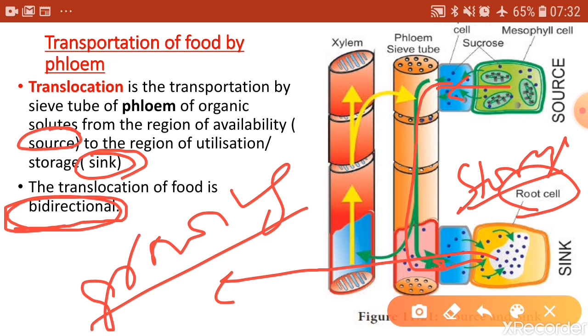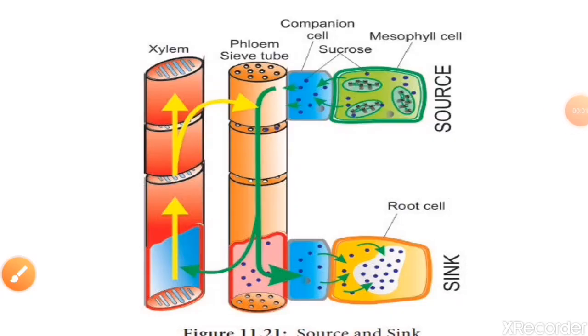But through the xylem, water is transported in just one direction, that is in the upward direction, from the roots to the photosynthesizing parts of the plants. So let us now study how food is transported through the sieve tubes.